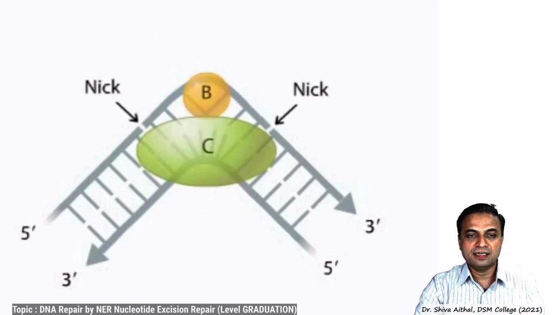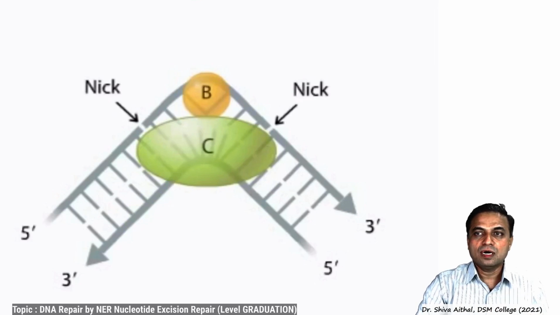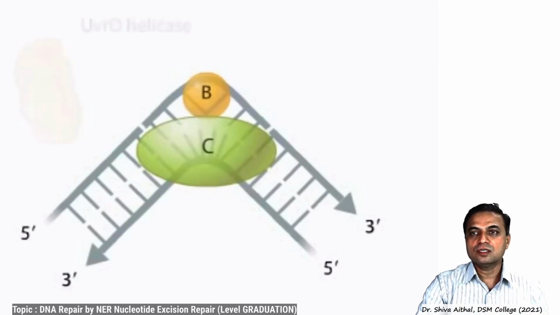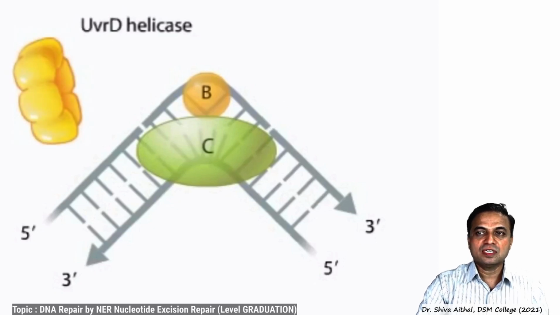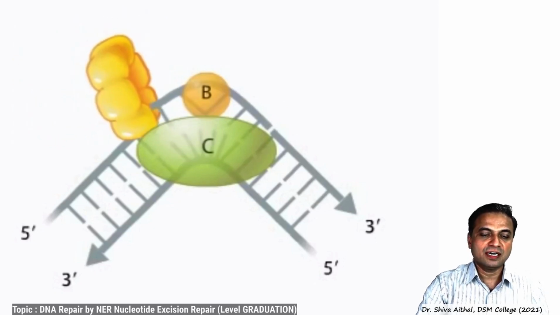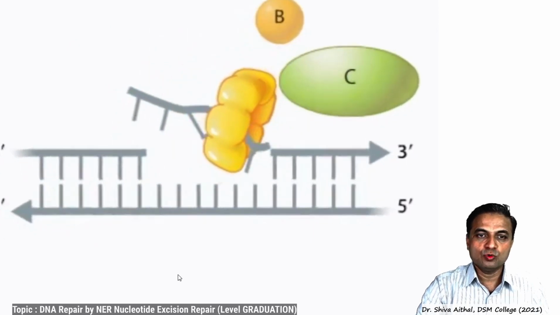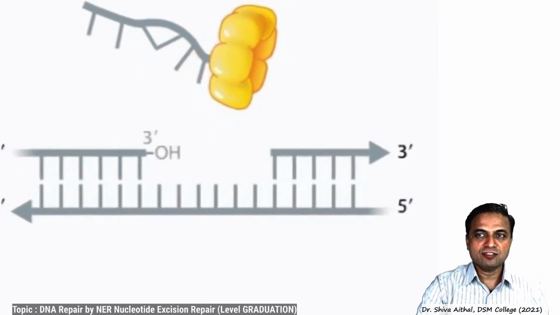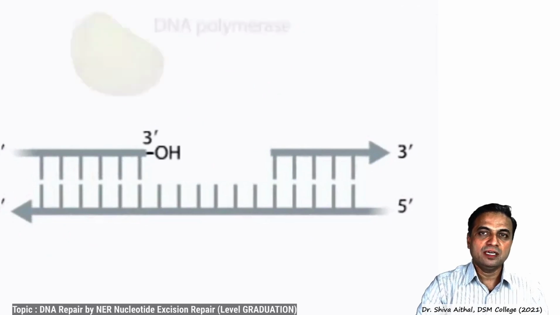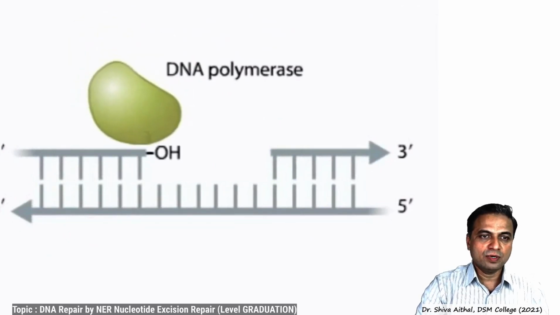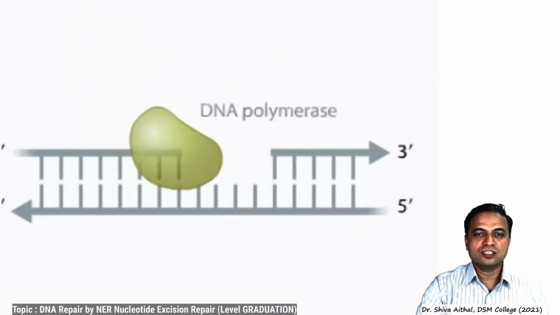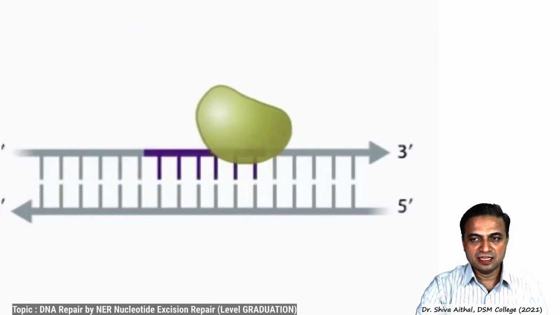Now you can see another complex called the UvrD helicase. It strips the resulting short single-stranded damaged DNA from the DNA molecule. The single-stranded gap now will be filled by DNA polymerase, as you can see, it is just adding. Ligase will seal the nick.